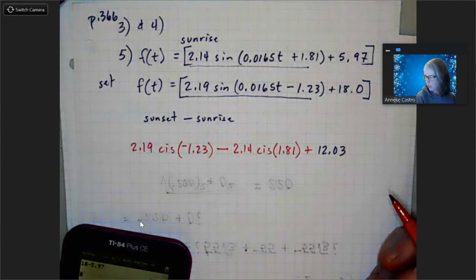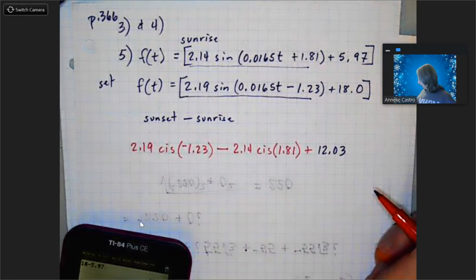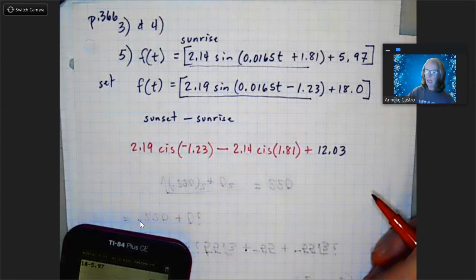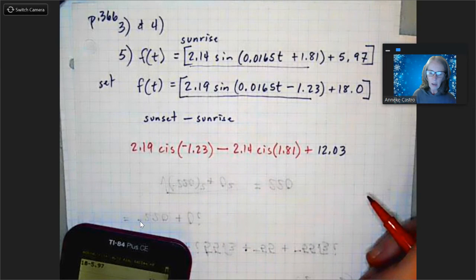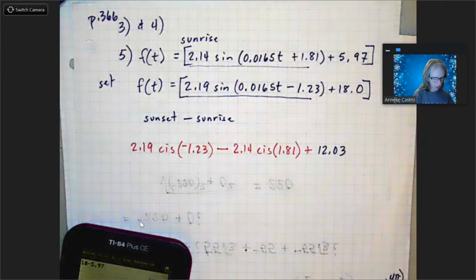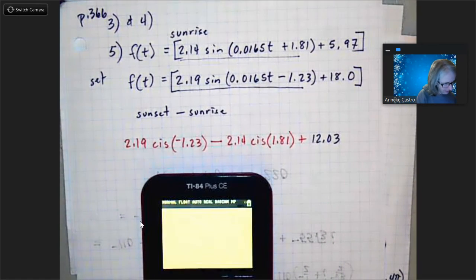And then we just do it like we've been doing all of our other problems, where I'm going to write this out with my cosine and sine, and multiply it out. You can also, since these aren't exact, just change these to Cartesian form right on the graphing calculator, because we don't have to worry about this being an exact form.